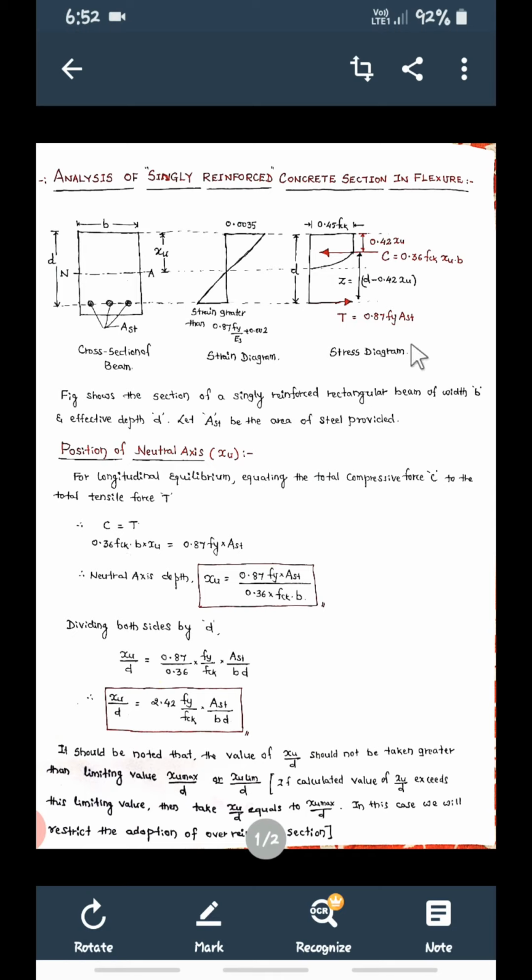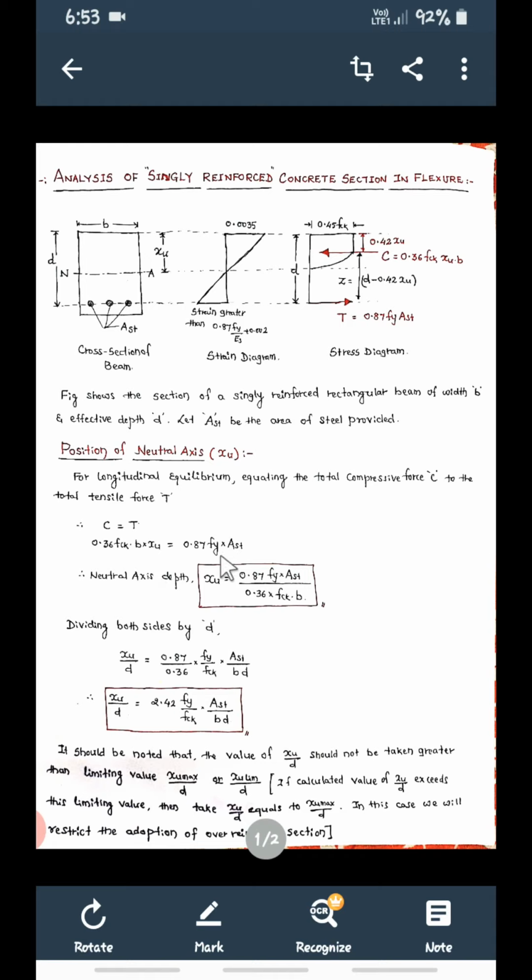C is 0.36 FCK B into XU, and that is equal to T, which is 0.87 Fy AST. Therefore, what we want is XU, the neutral axis depth.